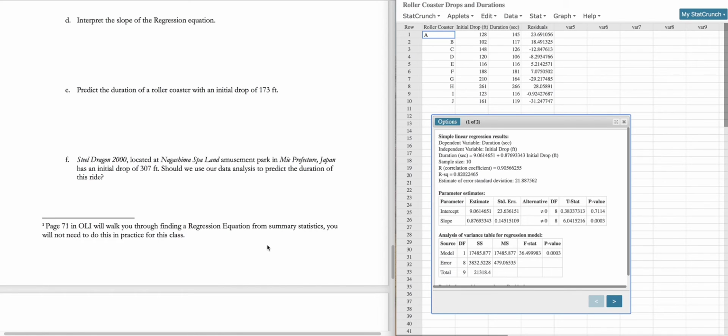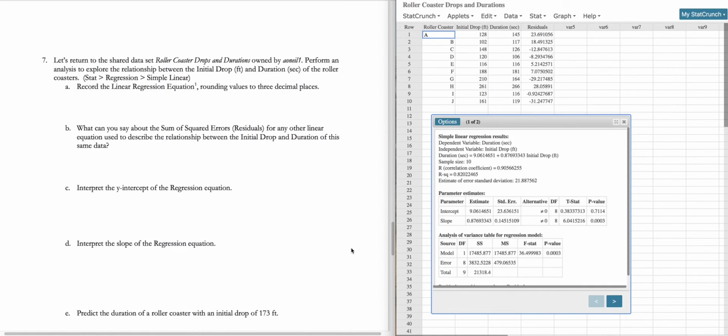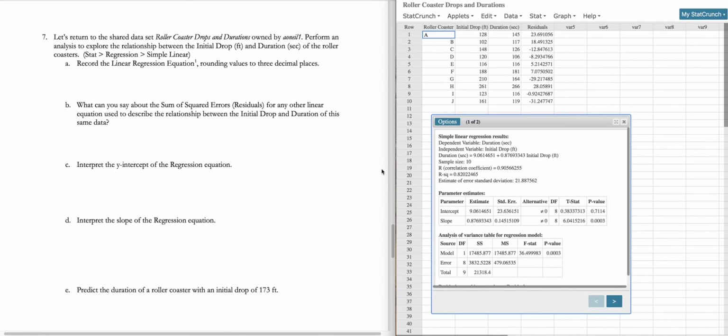You would never ever need to do that for my class. We're always going to let our StatCrunch technology find this equation for us. Actually, take a pause here. Do both A, B, and C if you can do C, and then come back.